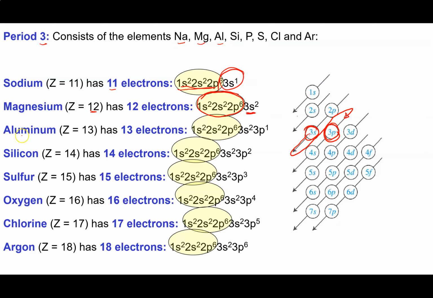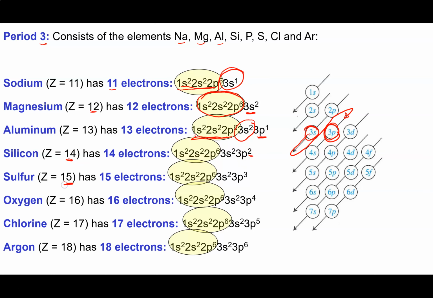So aluminum has the 10 electrons that we found in neon, 2 that are in the 3s, and then it's got 1 in the 3p because the 3p is what comes next. So silicon has 1 more electron than aluminum, so that goes into the 3p.